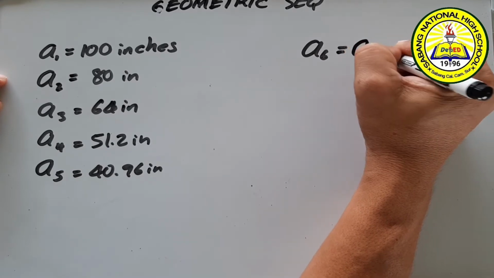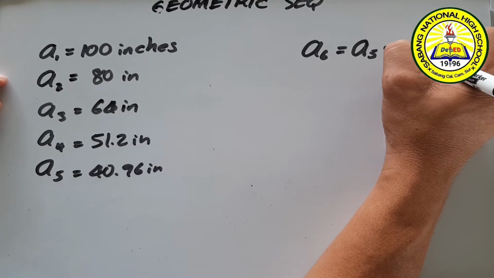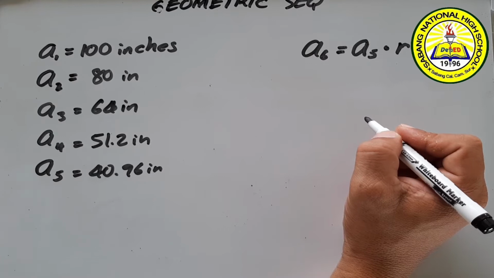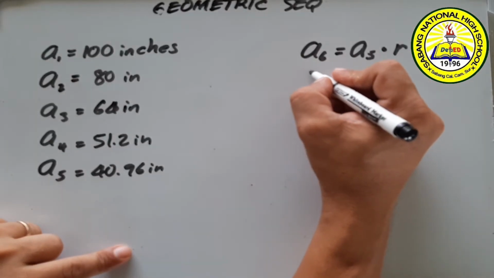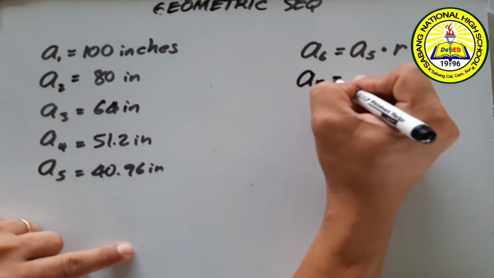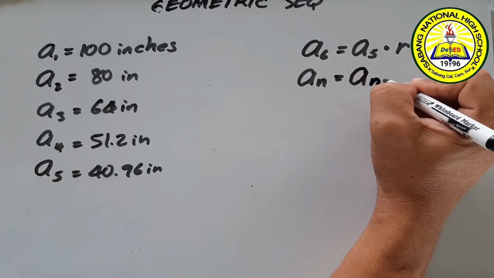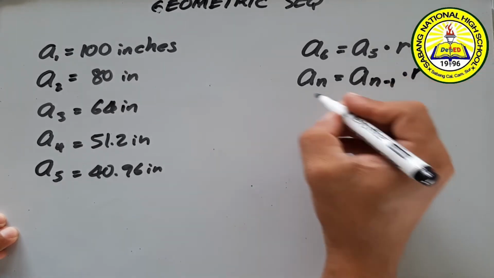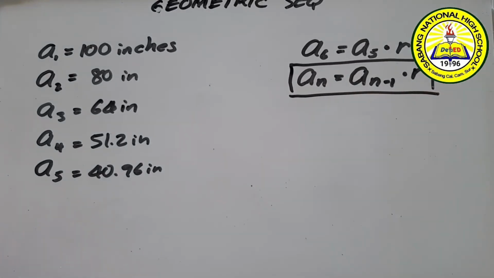So we have a sub 5 times the common ratio denoted by R. So what if we are going to find any term? So for any term, let us denote the term by n. So we have a sub n is equal to a sub n minus 1 times the common ratio, which is R. This will now be our formula for geometric sequence.